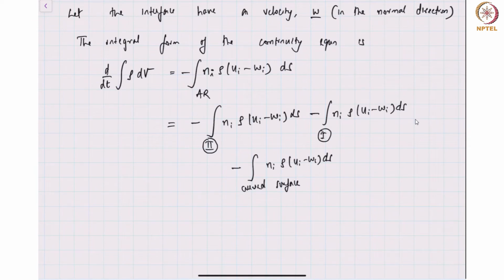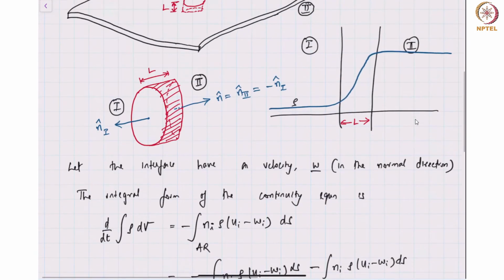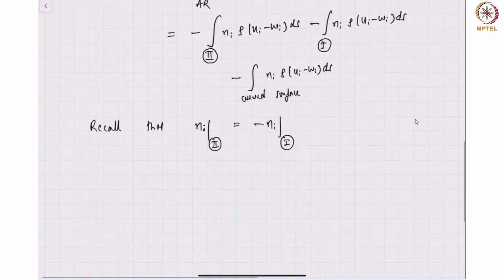Now I can write down the expressions for each of them, but recall that n_i in region 2 is minus n_i of region 1. That's what we wrote down here: n2 hat is minus n1 hat. So I can now substitute this.